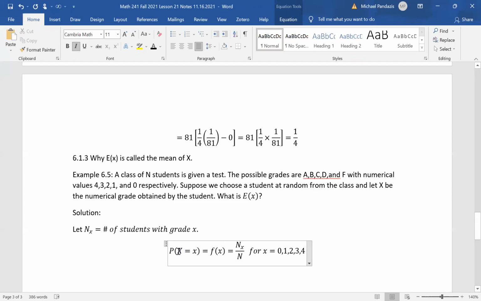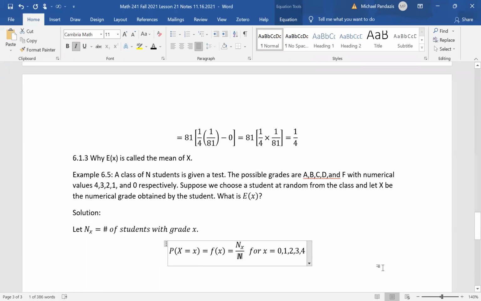Okay? It's the probability. Remember, capital X is the numerical grade of the student you choose, right? So the probability that the numerical grade that student has is equal to some fixed value little x is f of x, which is n sub x over N. N sub x is the number of students with that grade divided by the total number of students in the class.